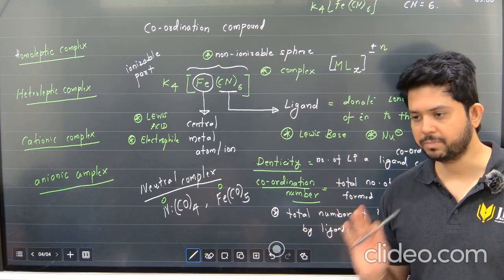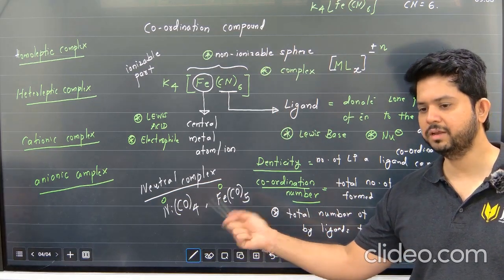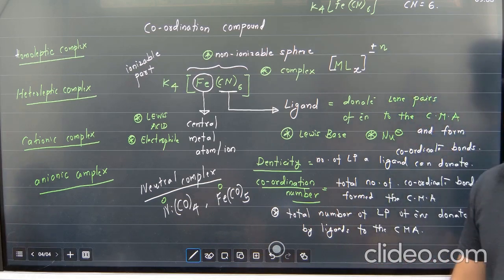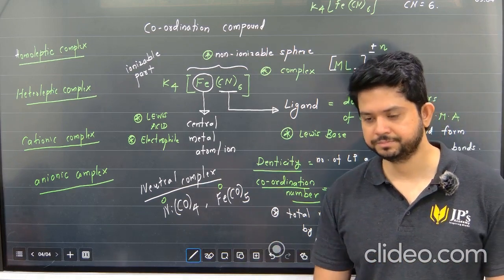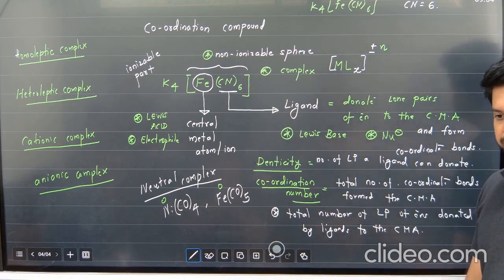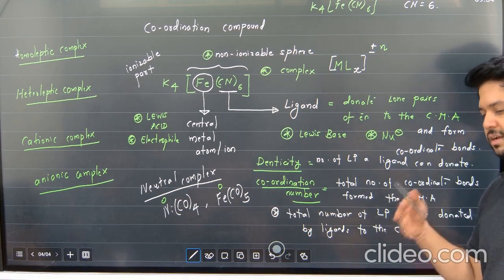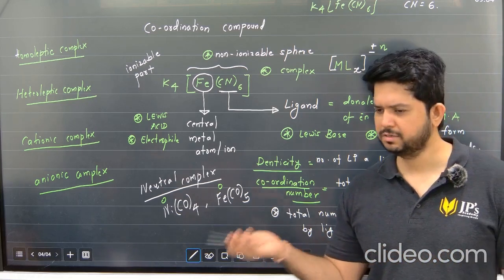It's just a complex. You can also tell me the geometry here. 4 sigma bonds, tetrahedral, sp3 geometry, because CO is a neutral ligand.